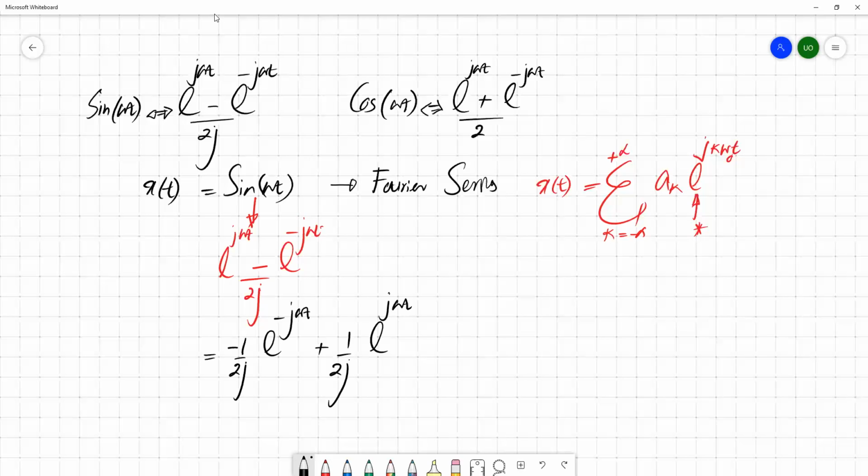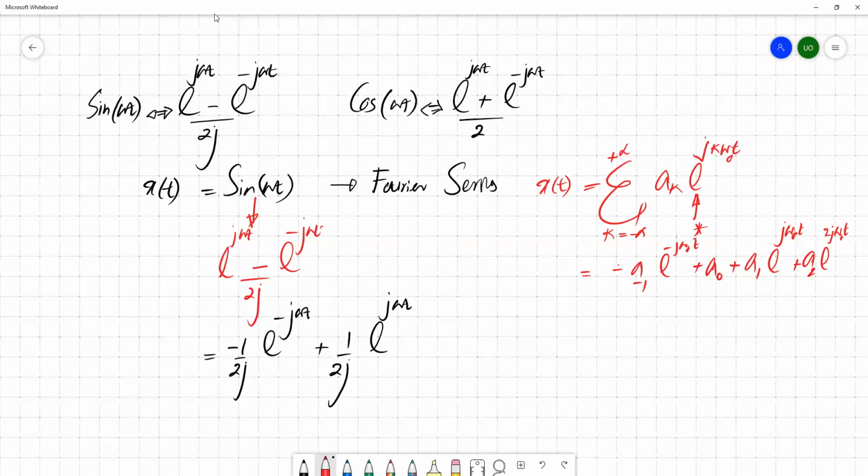If you expand the series, we have a0 at k equals 0, then at k equals 1 we have a1 e to the power j omega naught t, a2 we have this, and a minus 1 we have this.